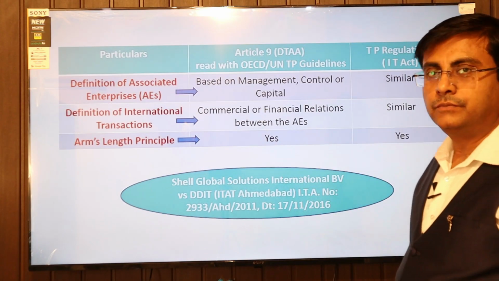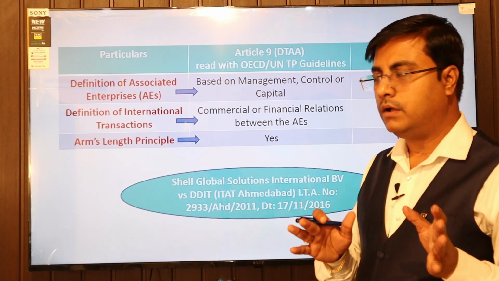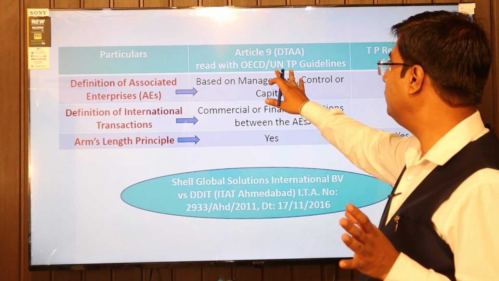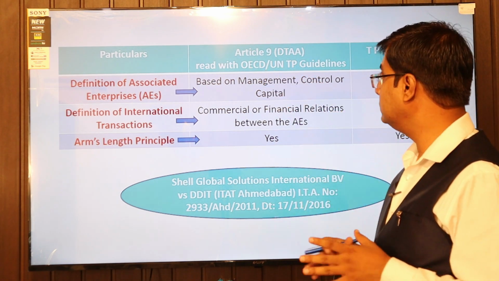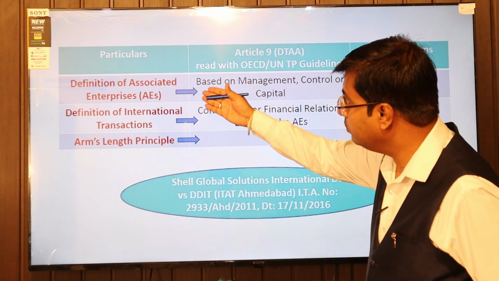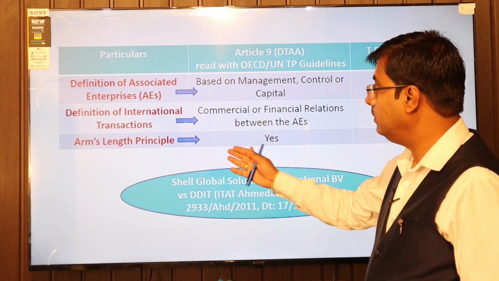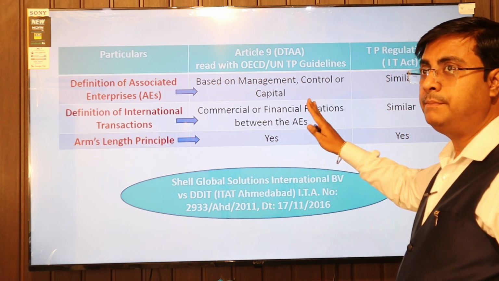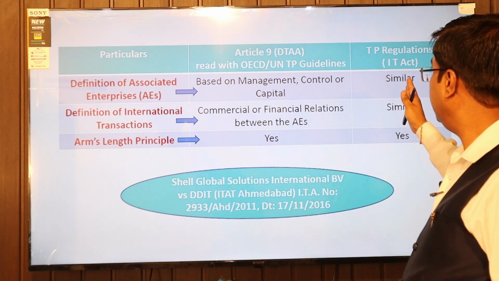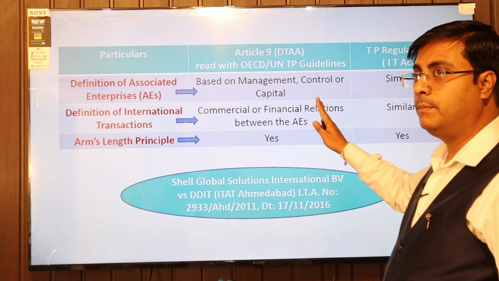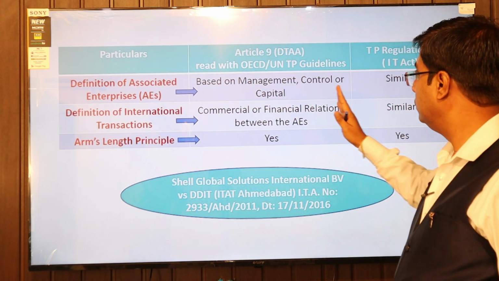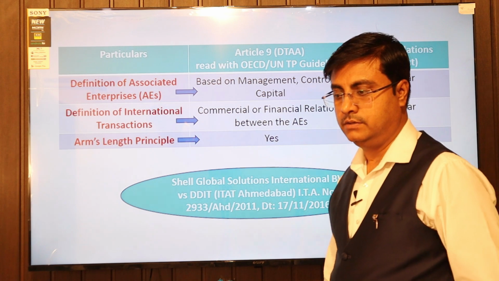The OECD model convention and the UN model convention TP guidelines define associated enterprises as well as international transaction and the arm's length principle. The same TP regulation is copied from the OECD into the IT Act.